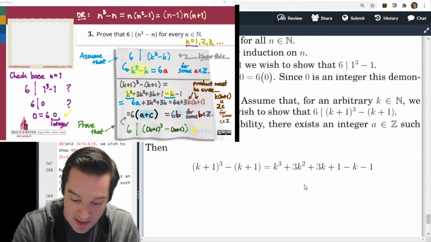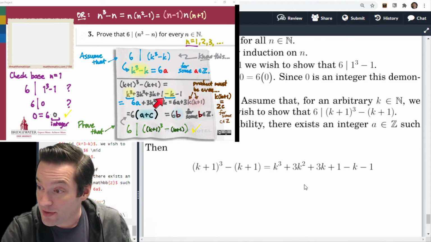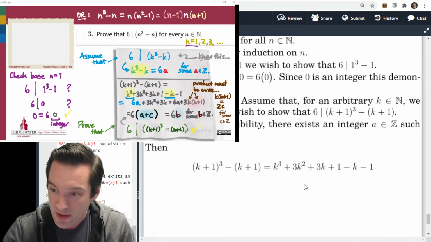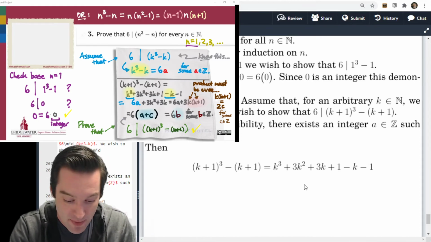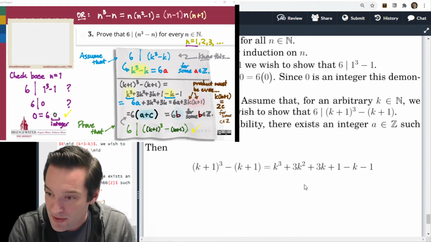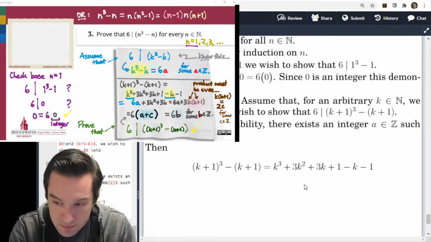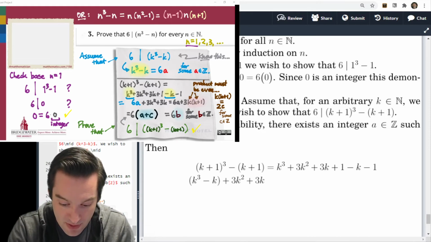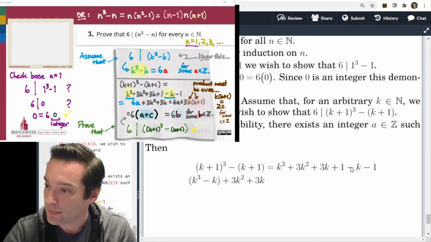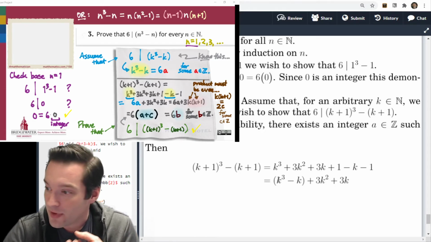And then we do the crucial step, which is apply the inductive hypothesis. We notice that there is a k cubed minus k. We could even bring that out in parentheses if we like to: k cubed minus k, plus 3k squared plus 3k. Doing that is a help to the reader.